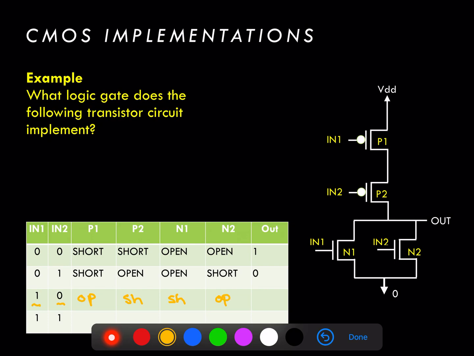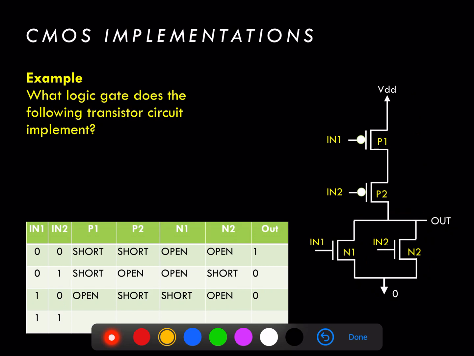Putting these models into the transistor circuit, P1 is an open circuit, P2 is a short circuit, N1 is a short circuit, and N2 is an open circuit. We can see here that we have a direct connection again to 0, giving us an output that's also a digital logic 0.